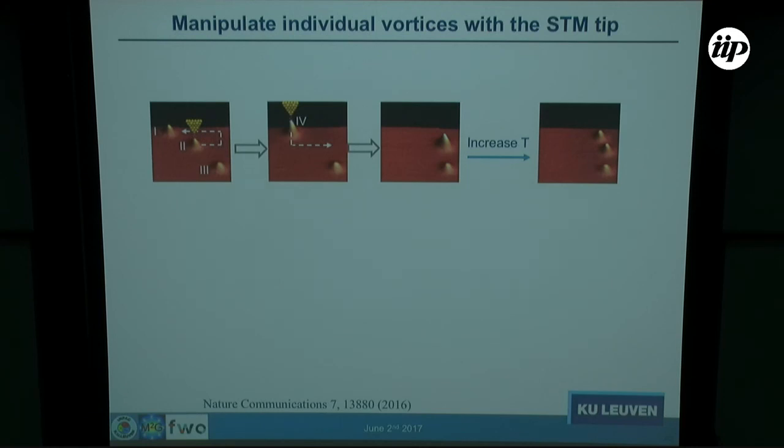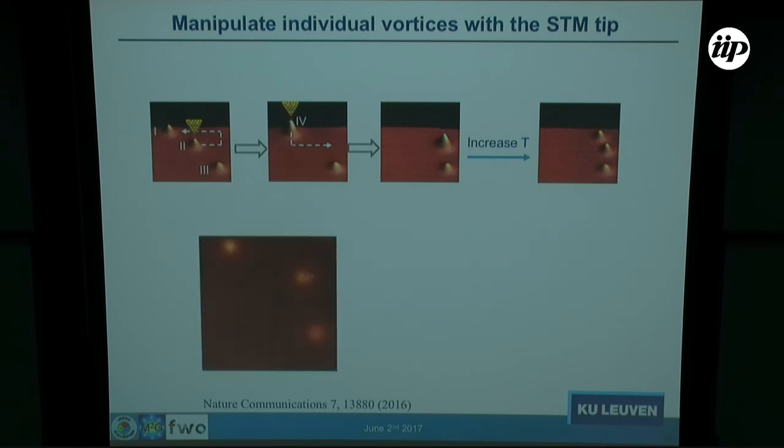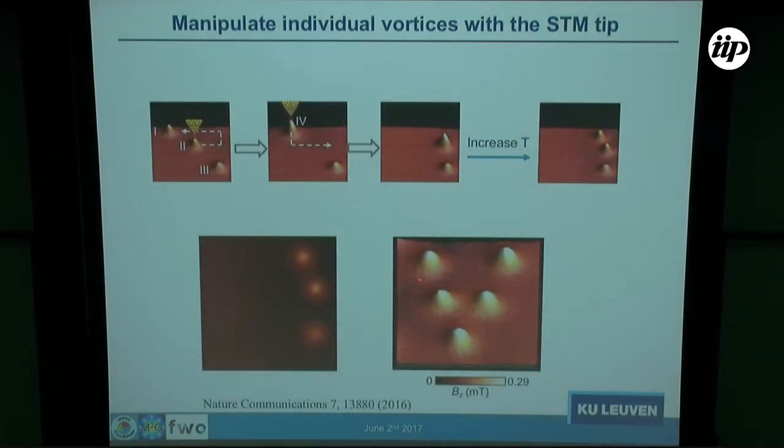I will show you a movie of how we did it. You see that we drag the vortex with the STM tip, and it merges to form a giant vortex. Then we drag this giant vortex, and then we separate them. By using this, we are able to arrange the vortices into any kind of vortex pattern.